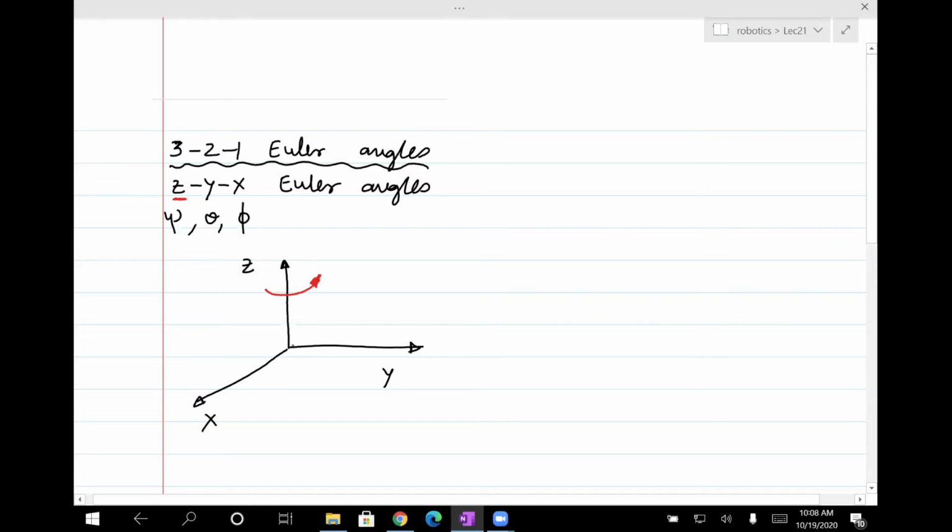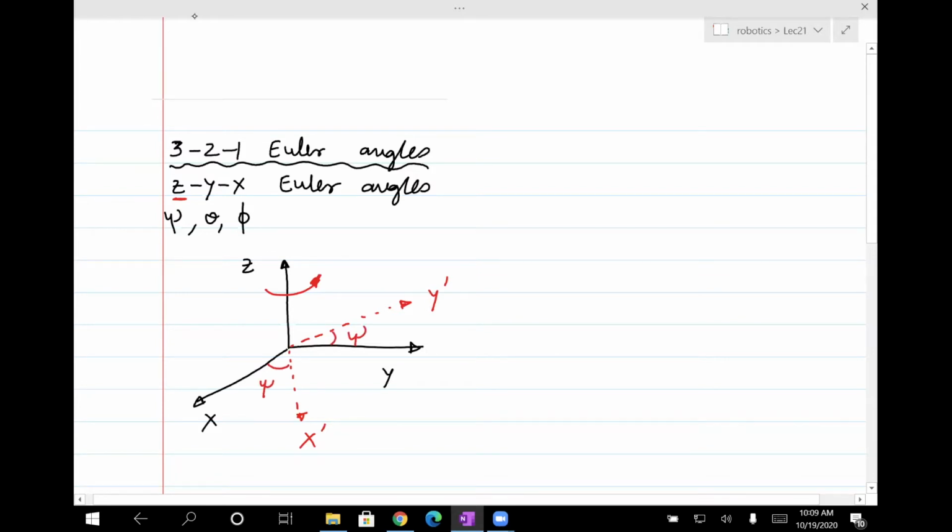When you do that by an angle of psi, the new y would be like this, the new x would be here, and this angle here is psi.